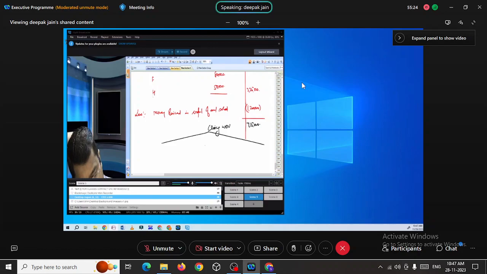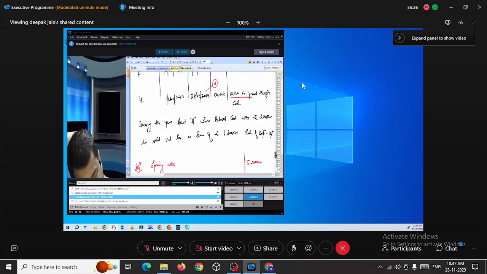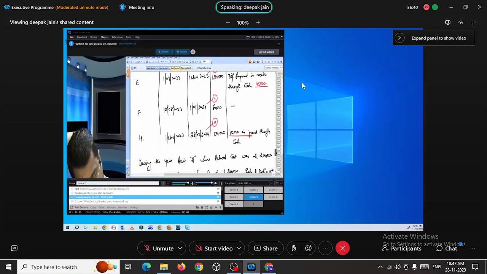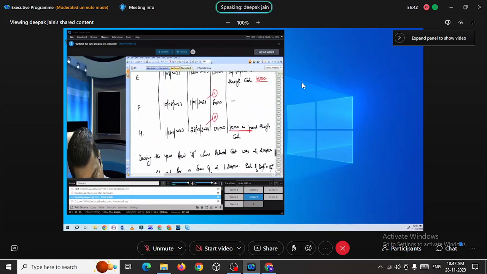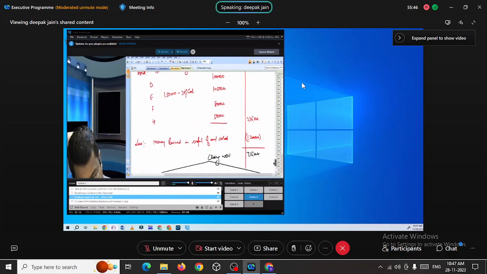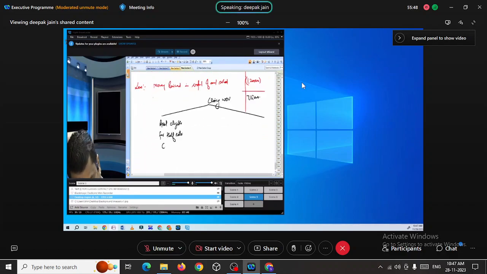Segregate the asset. Asset eligible for half rate: E, F and H. Am I right?